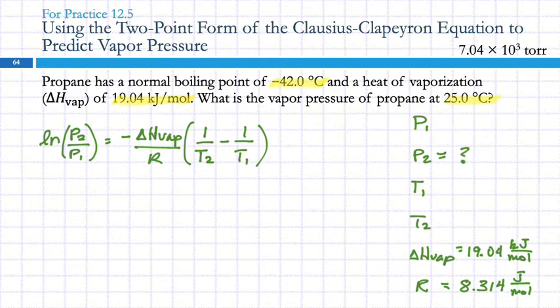So that's pressure 2. So then it's asking, what's the vapor pressure? What is pressure 2 at 25? So this must be the 25 degrees Celsius. So T1 is the other temperature.